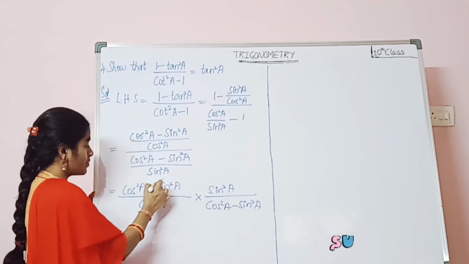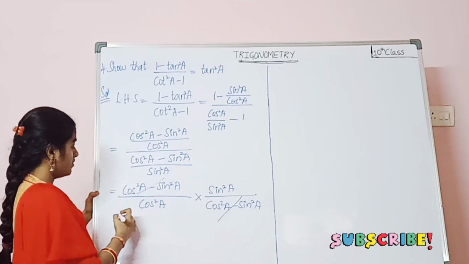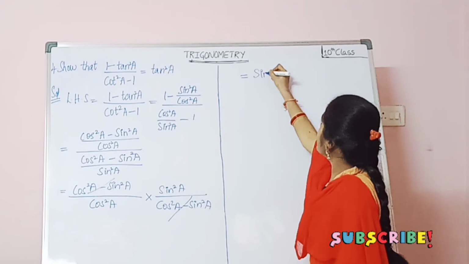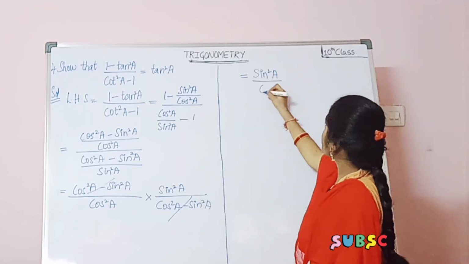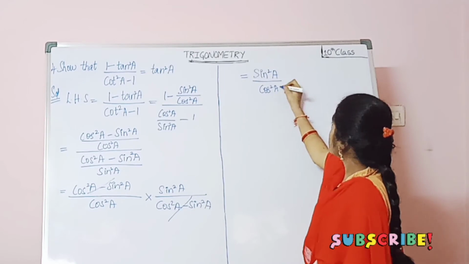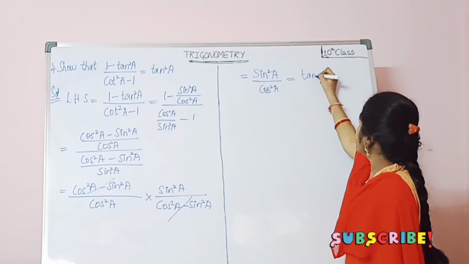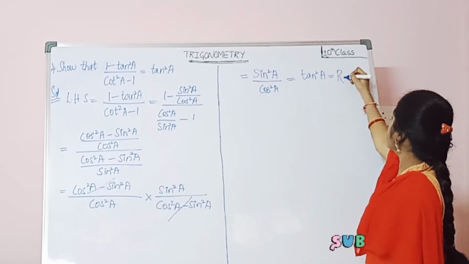Now this cos square a minus sin square a and the other cos square a minus sin square a both are cancelled. What is remaining here? Sin square a by cos square a, which means tan square a. This is the RHS.